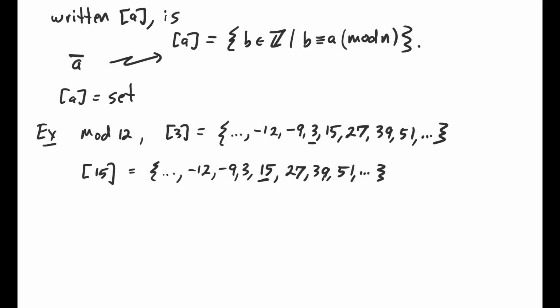Or if you add 12, you go to 27, 39, and you see that you get the exact same set. So, in fact, the congruence class of 3 is identical to the congruence class of 15. And it's by this mechanic that we can say 3 is equal to 15. What we really mean is the congruence class of 3 is equal to the congruence class of 15.